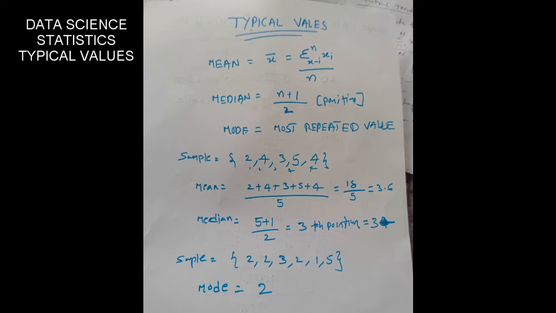But in real time we should know which value to be used. For some kinds of data we can't consider mean or median as the average, but sometimes mode is more powerful compared to mean or median. Sometimes mean is the best option, sometimes mode can be the best option.